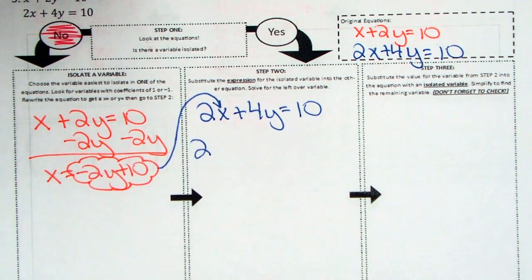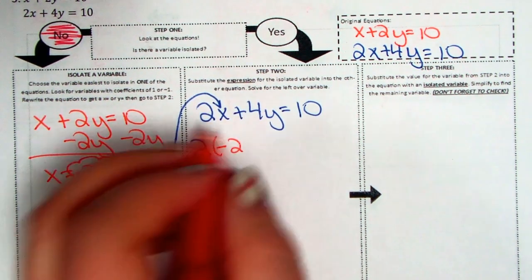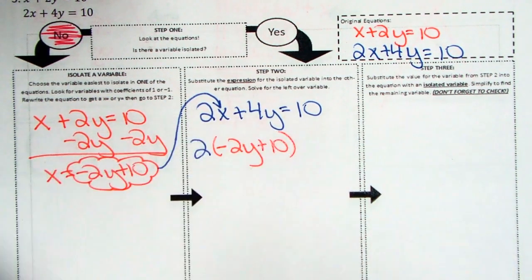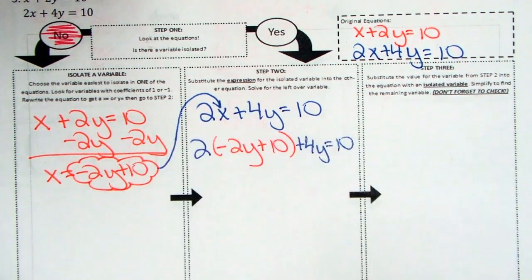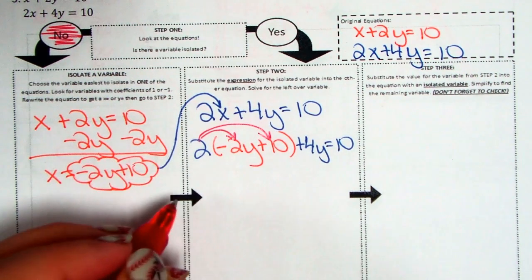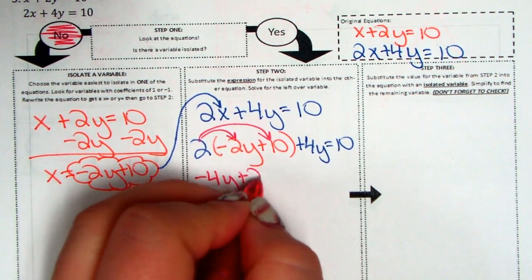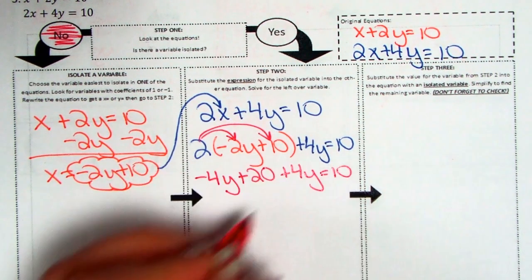So we'll have 2 times negative 2y plus 10 plus 4y equals 10. Distribute that 2, and we get negative 4y plus 20 plus 4y equals 10.